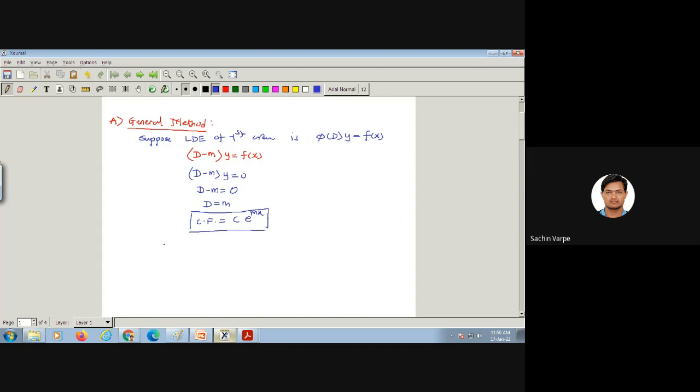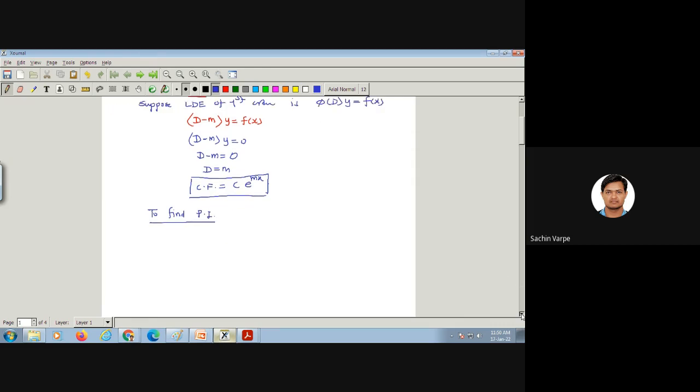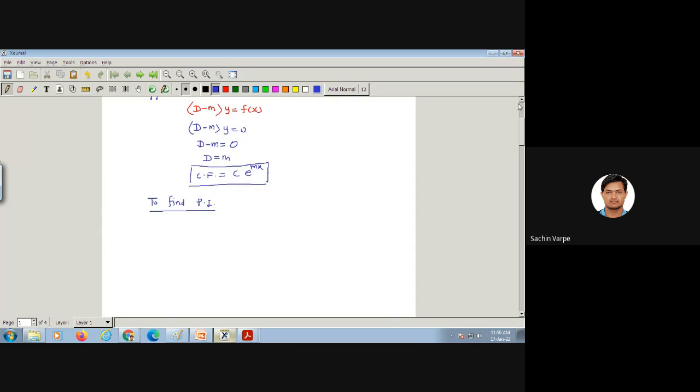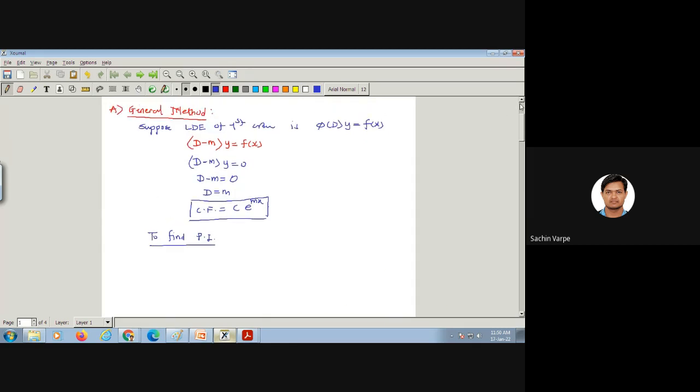Now to find the PI, to find particular integral, what we do, first of all, we consider this equation.